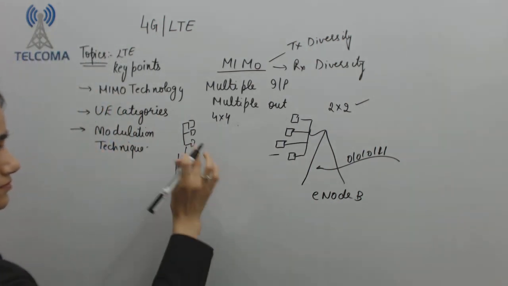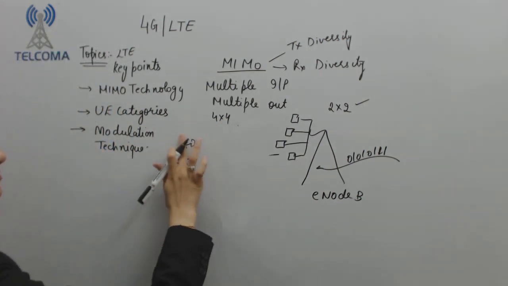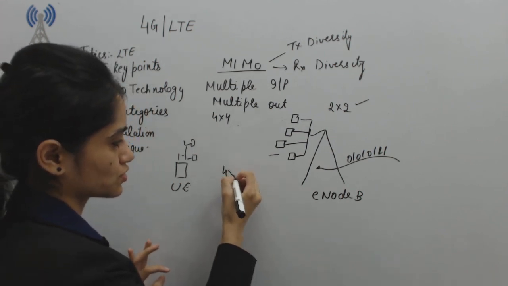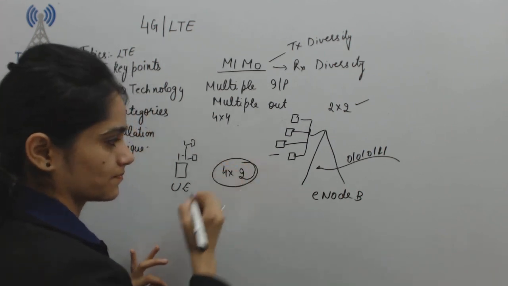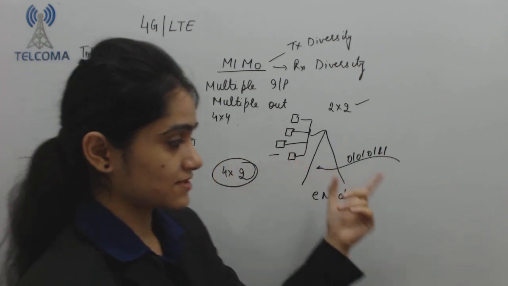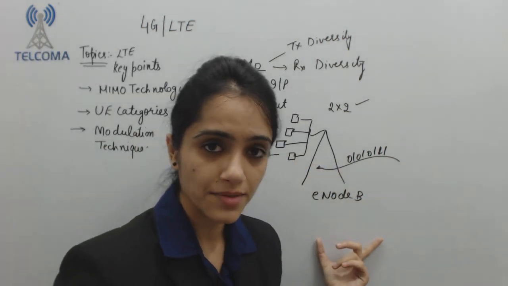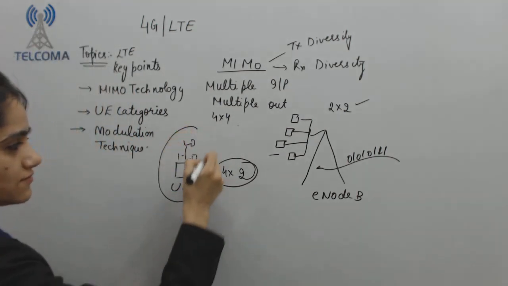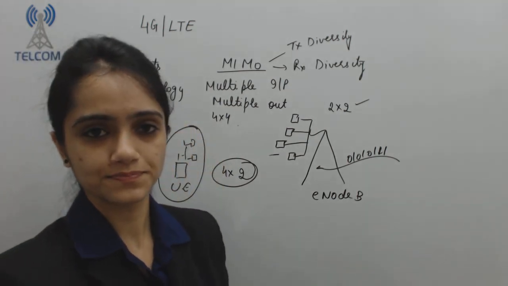So, practically I have launched phones with 4x2 configurations: 4 transmitter receivers at the E node B or network end, because it has unlimited capacity, and 2 transmitter receivers at the UE end.